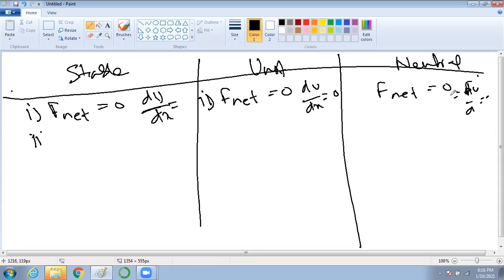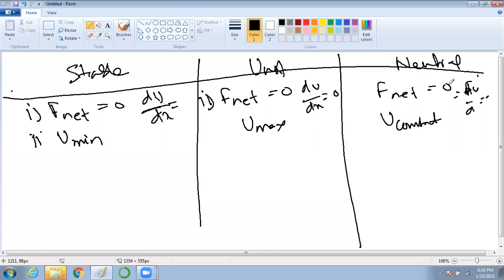Clear? Then what about potential energy? It is minimum here, maximum here, and in neutral it is constant. Okay?